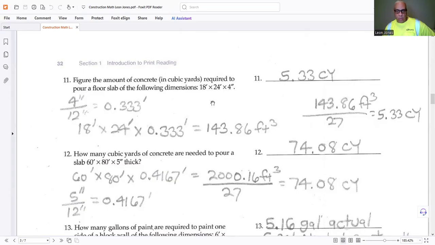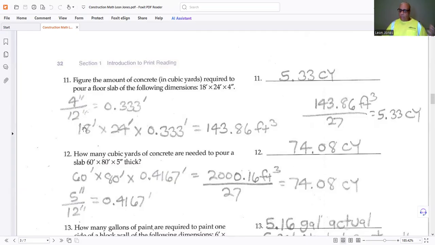Again, a little conversion up here with the 4 inches, so that all of the units are consistent. When I multiply all of the dimensions together, 18 feet times 24 feet times 0.333 feet, I come up with 143.86 cubic feet.